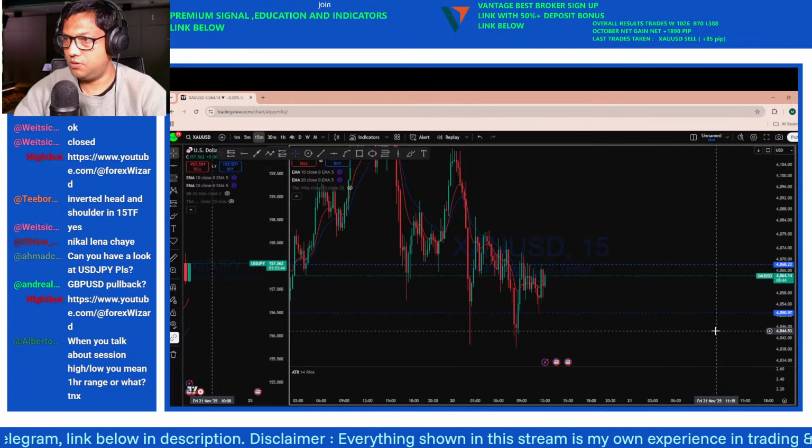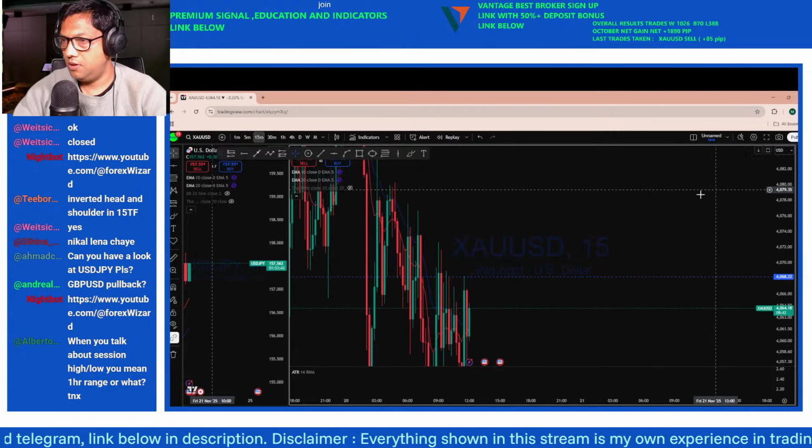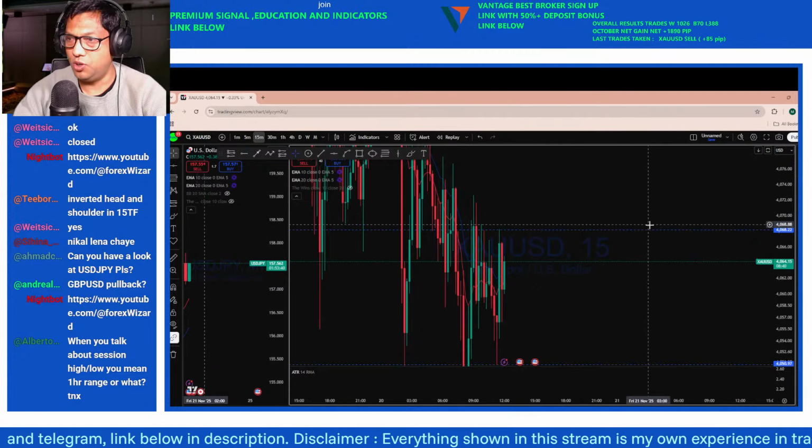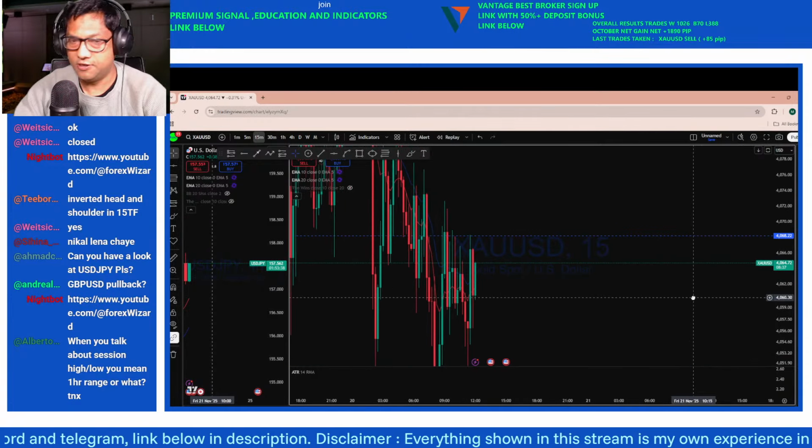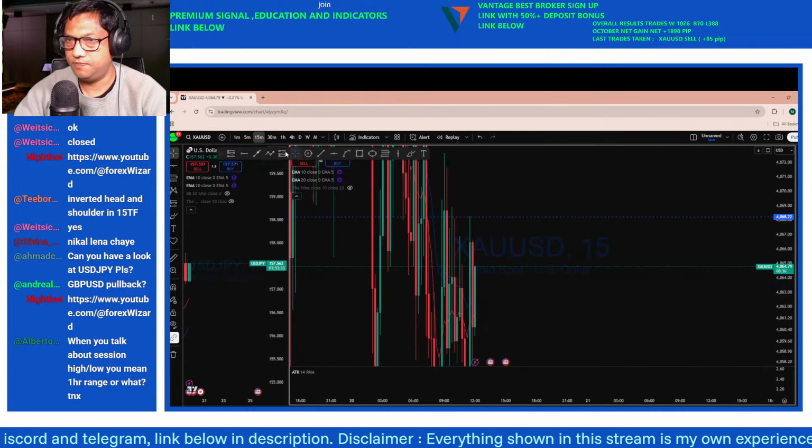If it breaks out and changes the trend to the upside, you will be looking for buying opportunities later after the price action confirmation.